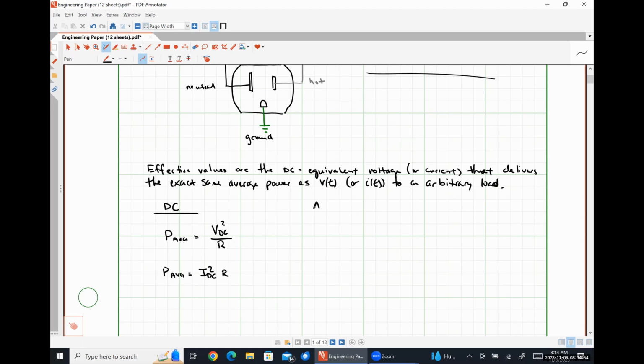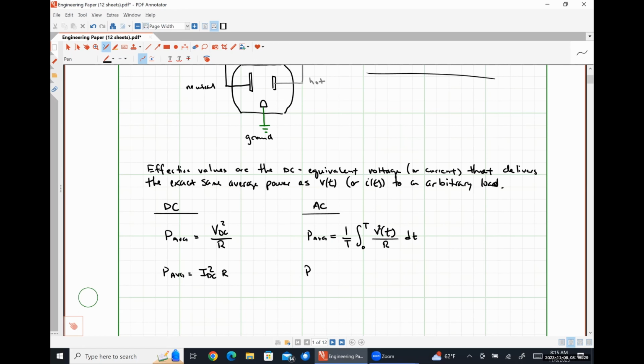Now for an AC system, the average power provided to a resistor in terms of the voltage would be the integral over one period of our AC voltage squared divided by our resistance value with respect to time.